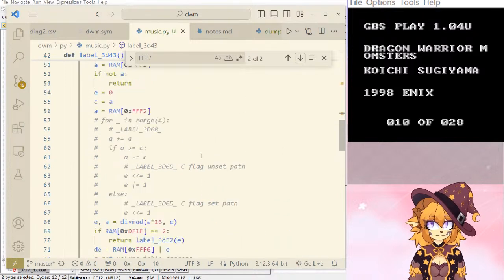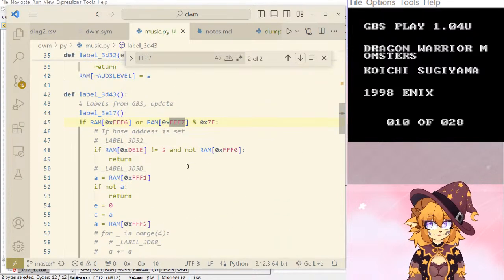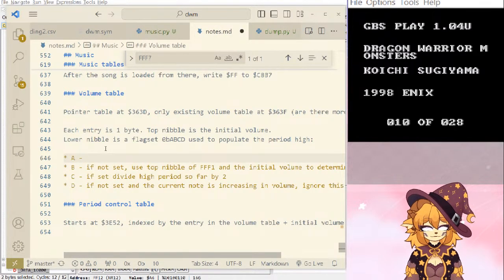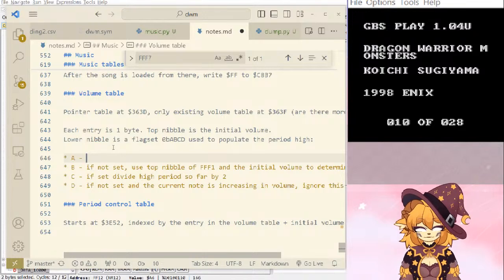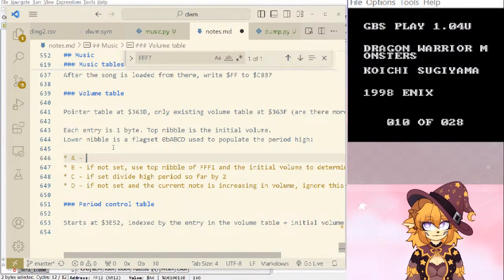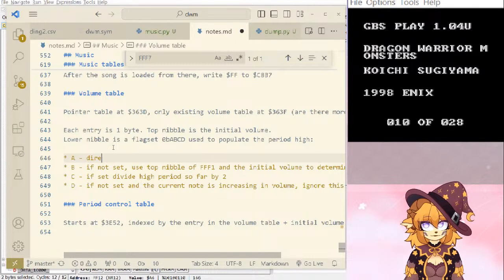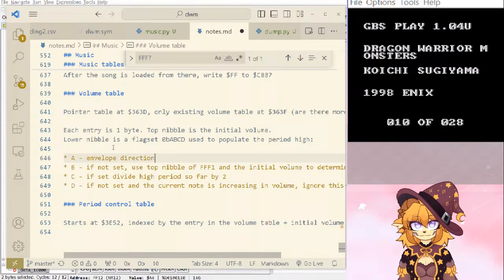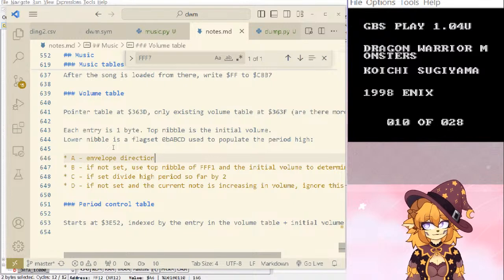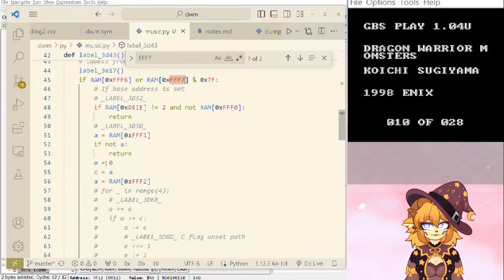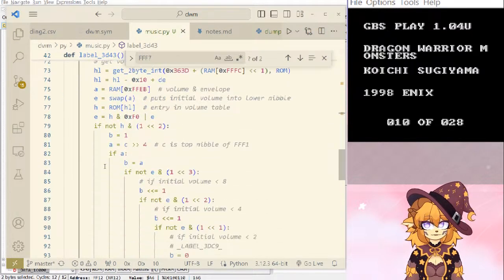I will find what assigns to FF11 in a bit. Wait, on envelope direction. Okay, good. So that's part of it.